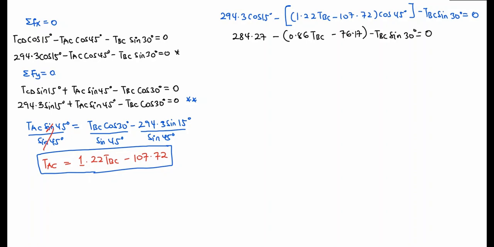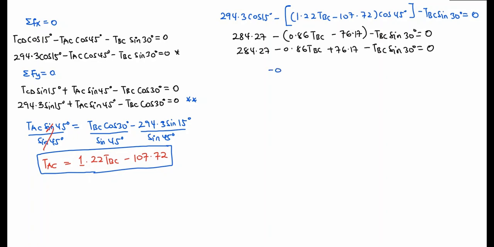So now let's bring the terms out of the bracket. You're going to have 284.27 minus 0.86 TBC plus 76.17, right, minus TBC sine of 30 degrees. This should be equal to 0. Okay, so now let's group like terms.